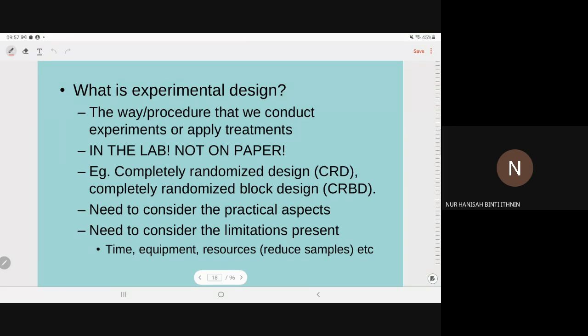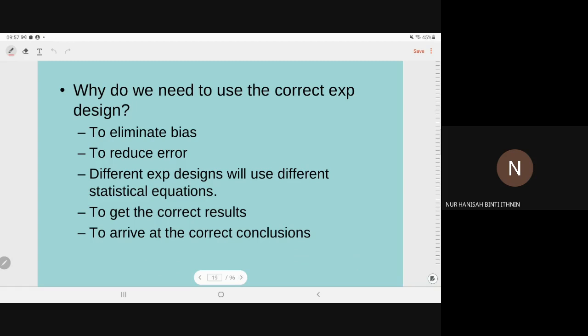It is not on paper. It is not just you look at the objectives. That is very important, but the objectives alone is not enough for you to determine a suitable design of experiment. So you need to consider the practical aspects and also need to consider the limitations that are present.